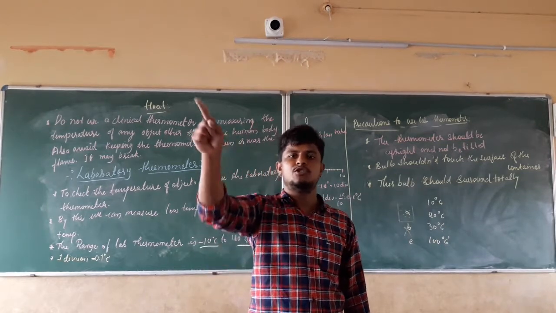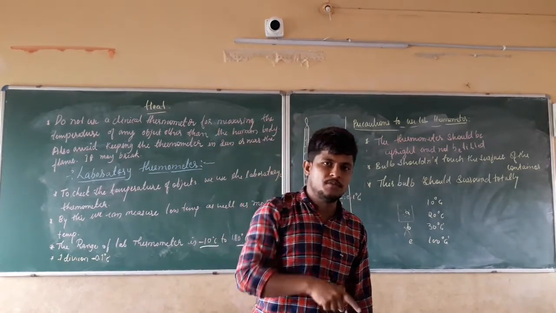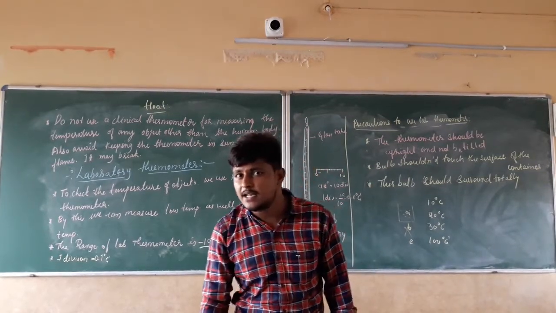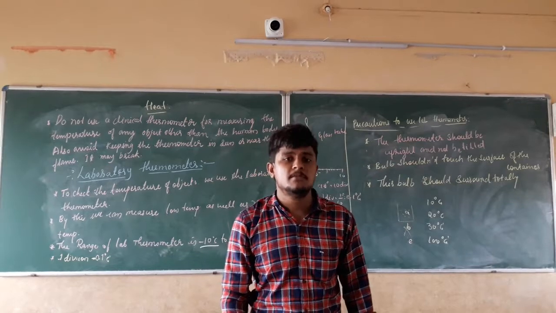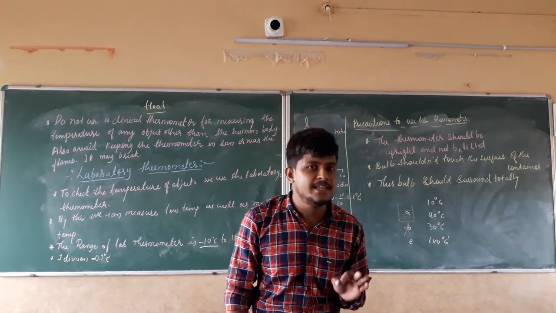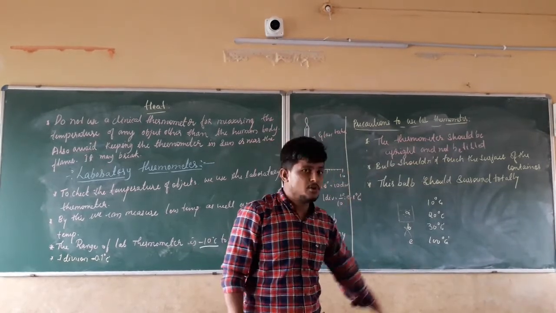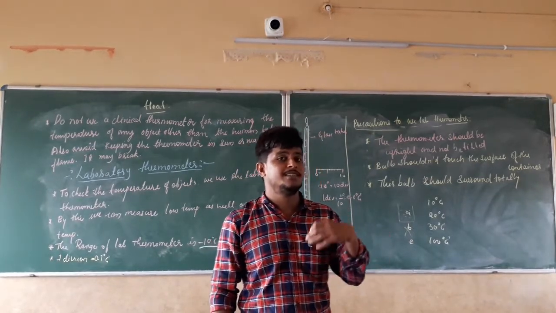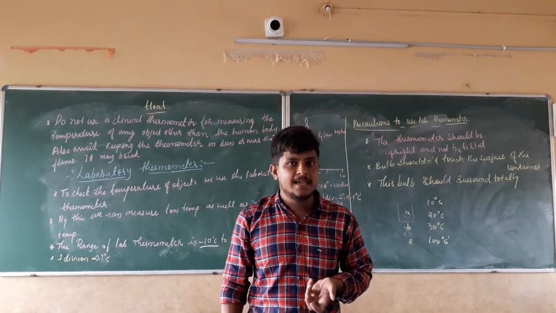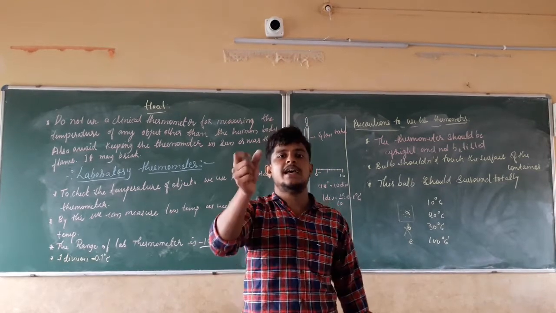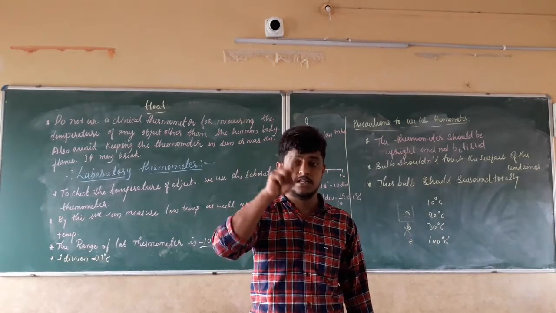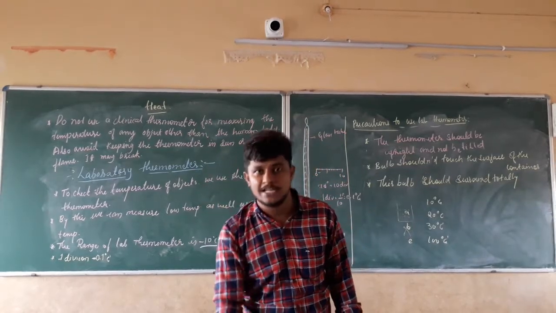Is it possible to check the accurate temperature of that object or that liquid which is present in the container? It is not possible. By that we can say that the laboratory thermometer's reading should be taken when the thermometer is present in the liquid or in contact with the object only.